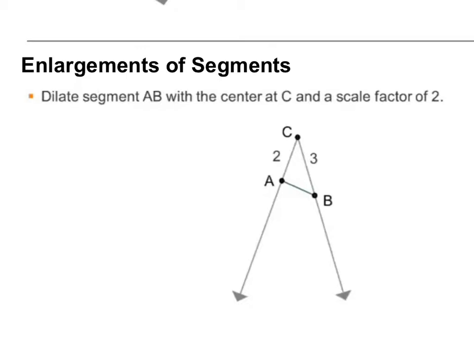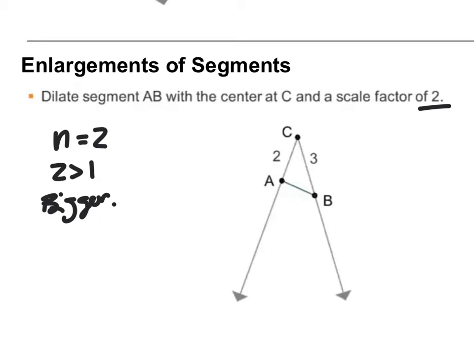I want to increase this by a scale factor of 2, so n is equal to 2, and 2 is larger than 1, so it's going to get bigger. If I multiply this distance of 2 by 2, that gives me another distance of 2, so the whole thing is going to be 4.